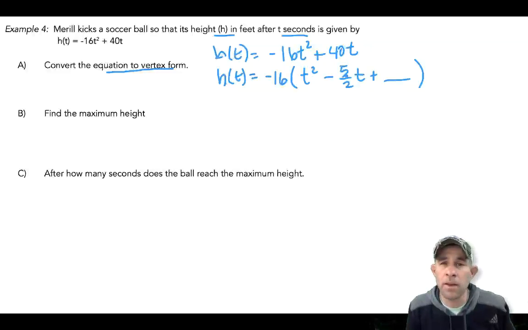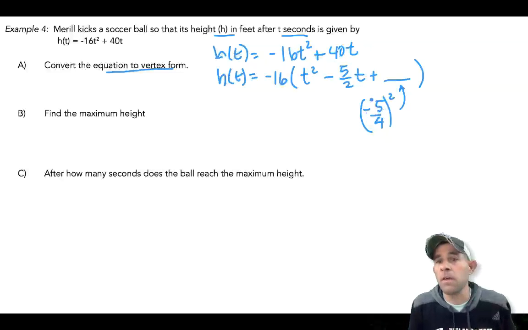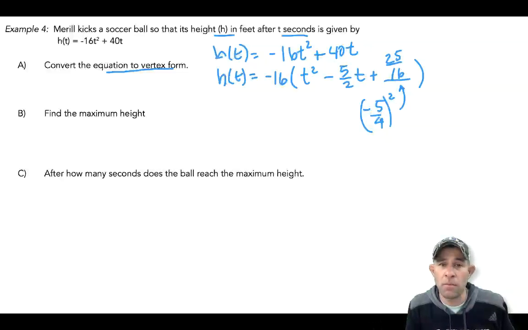So if I multiply -5/2 by 1/2, I'll actually get -5/4. So -5/4 is what I want to square to come right here in this third term. When I square that, I'm going to get 25/16 because I squared both the -5 and the 4. Okay, now here's again the tricky part. I didn't just add 25/16.